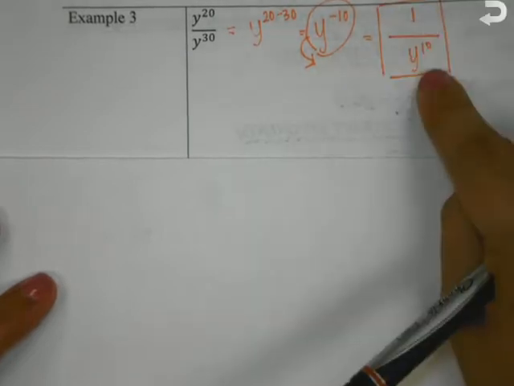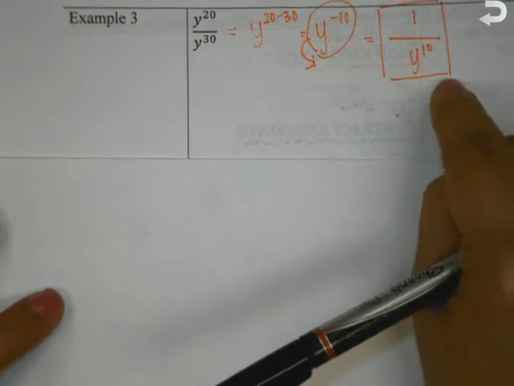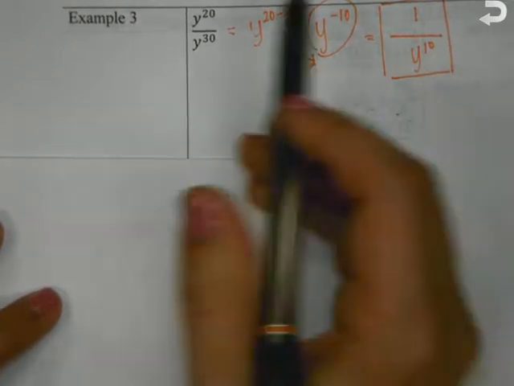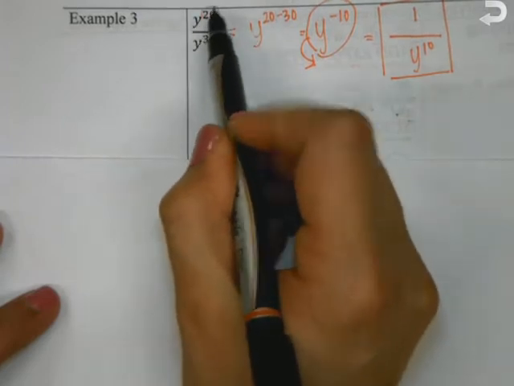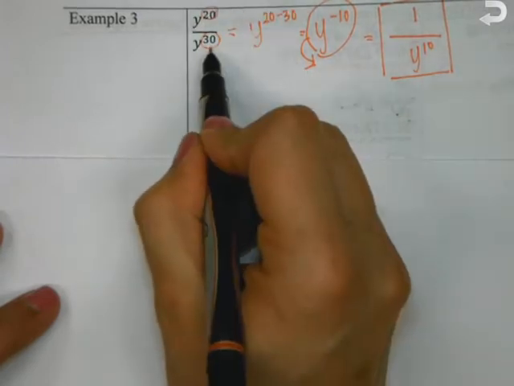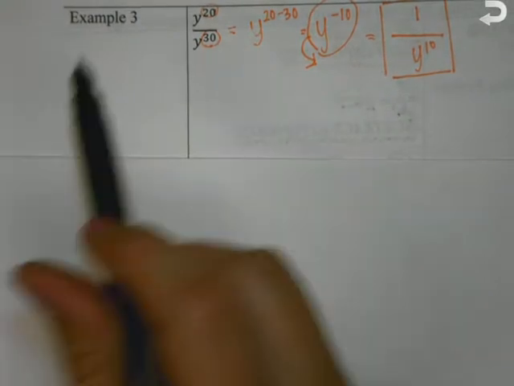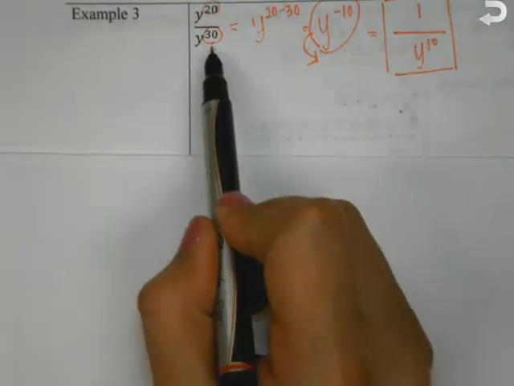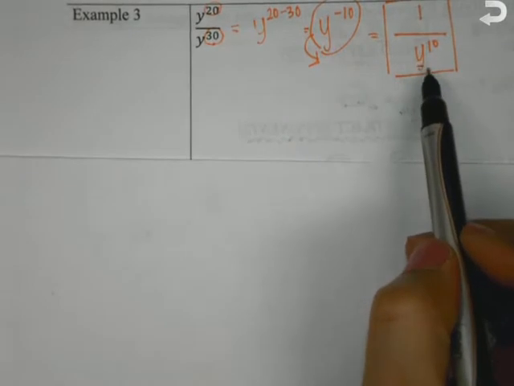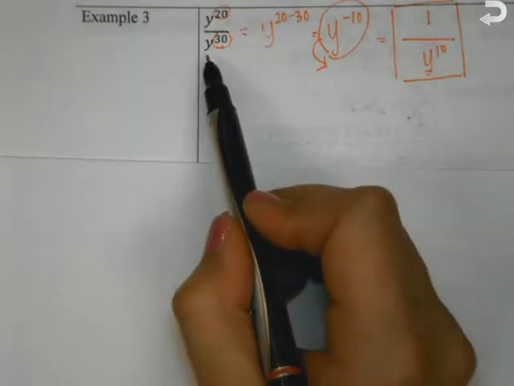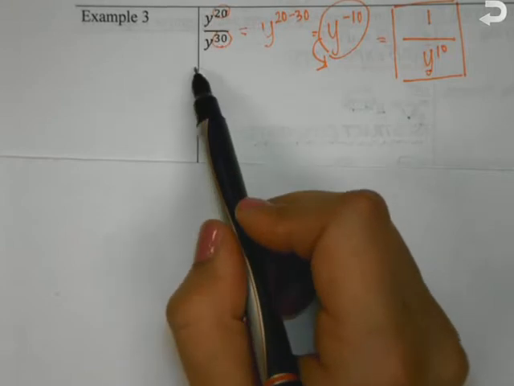There is a shortcut here. So what do you guys notice? Look at our original problem. I have y to the 20th and y to the 30th. What number is bigger? 20 or 30? And where is that 30? Is that on top or on bottom? Bottom. Where did our answer end up? On top or on bottom? Bottom. So our answer is always going to end up on whichever, top or bottom, has the biggest exponent. So you can subtract and just put your answer where the bigger exponent is. So let's put that note there.